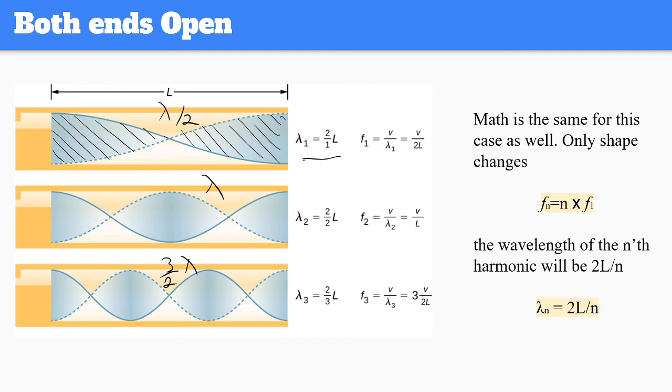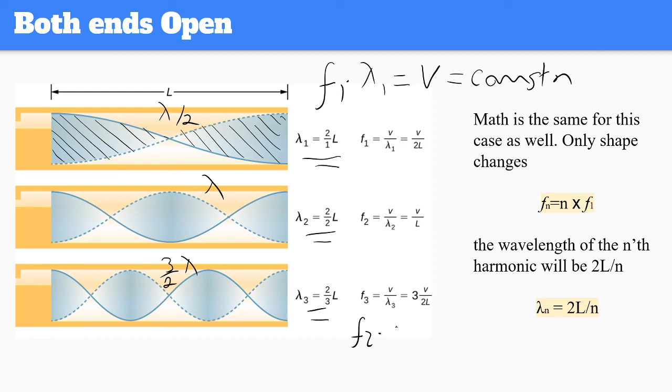So if you do the same math the way that we did in the previous one and consider F1 times wavelength 1 is equal to V, and it is a constant number, then you are going to be able to set this up as F2 times lambda 2 equals F3 times lambda 3, and that goes on like that, and this is equal to F0 times lambda 1.